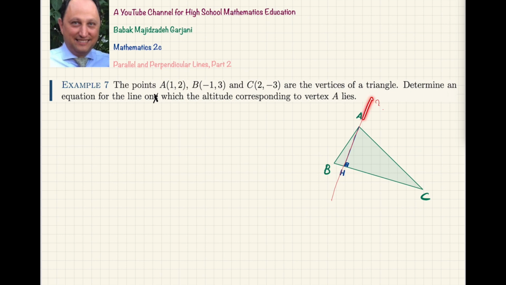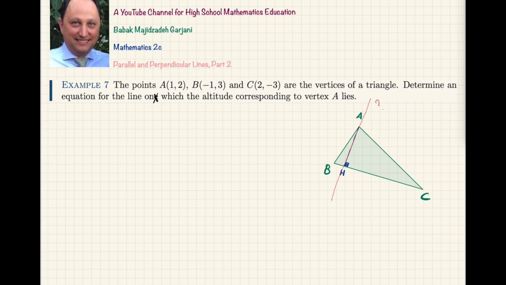So what I need is a point and I need the slope. A point, I don't have any problem because this is supposed to contain the altitude. So it means that one point which is given in the problem and I know lies on my line, that's enough. The problem is the k value.